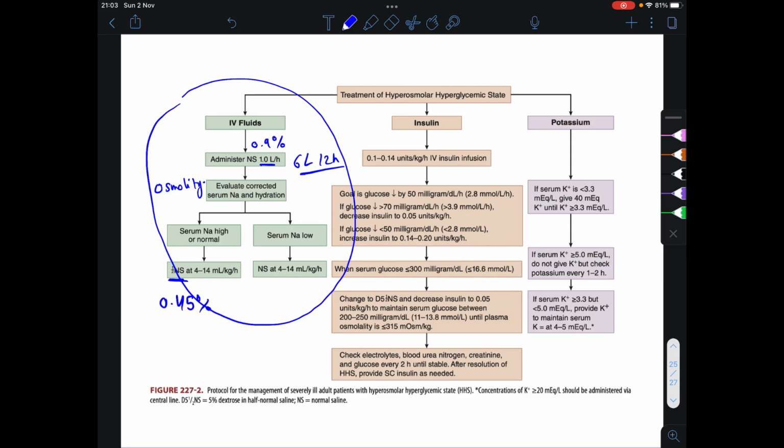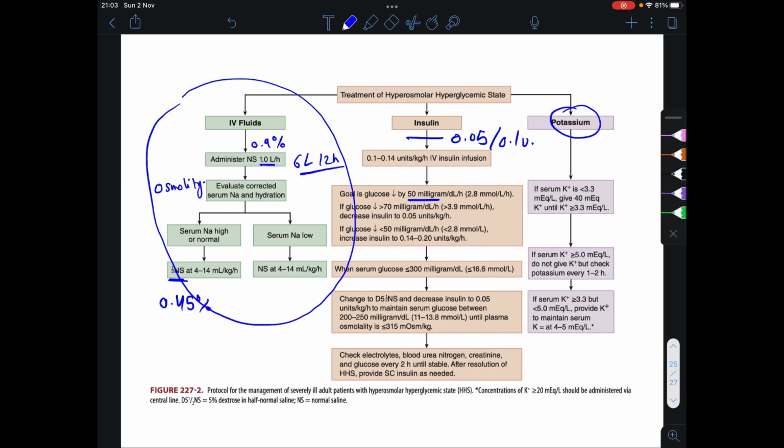0.45% normal saline. Now the insulin, you start at 0.05 or 0.1 units per kg per hour, and again, once you start, you have to check the potassium levels before you start insulin, and you monitor the level of decrease in the glucose.